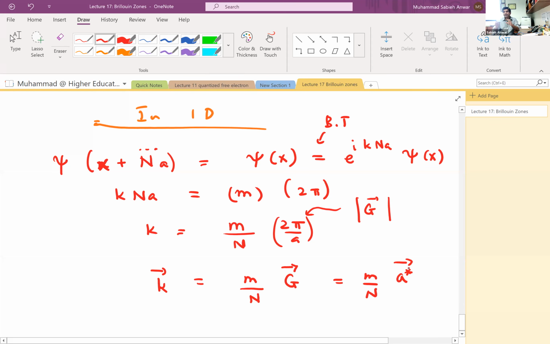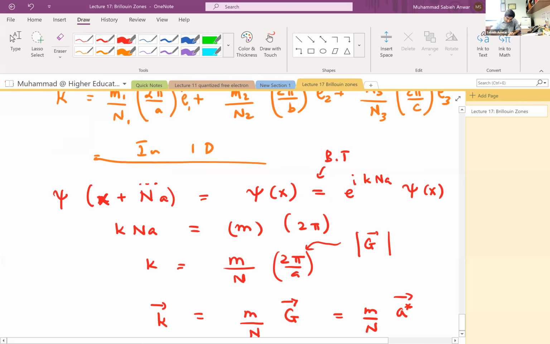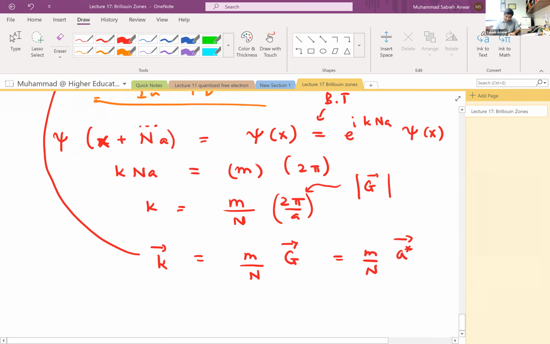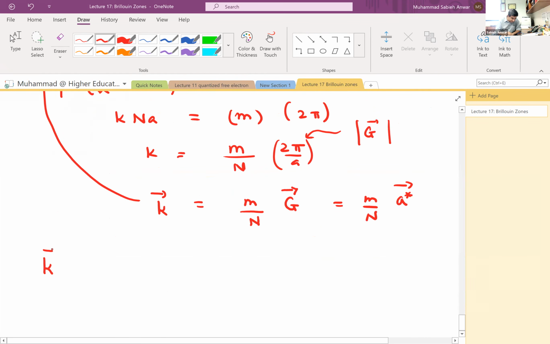So now there is a vector relationship between the reciprocal lattice vectors and k. If I extend all of this to 3 dimensions, this is what I would get, which immediately indicates that my k vector is quantized according to m1 over n1 a star plus m2 over n2 b star plus m3 over n3 c star.